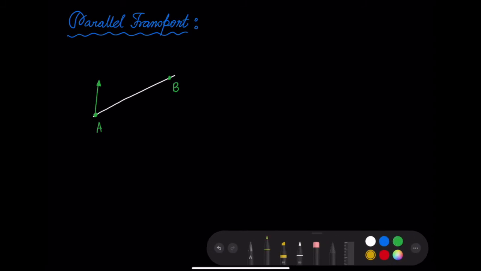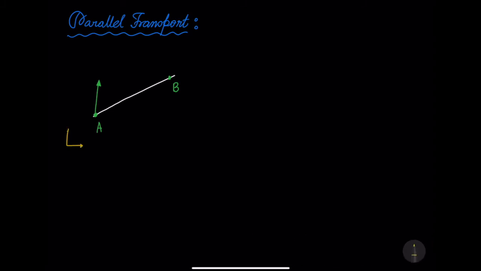I want to compare the vector at point A with the vector at point B, which may be a different vector. On this board there is no problem in doing that because I can take the components. The unit vectors are global, so the unit vectors are the same at both A and B. So let's call these E1 and E2.